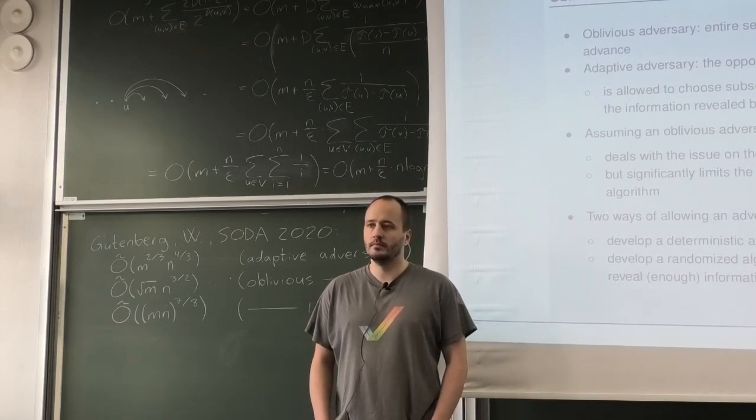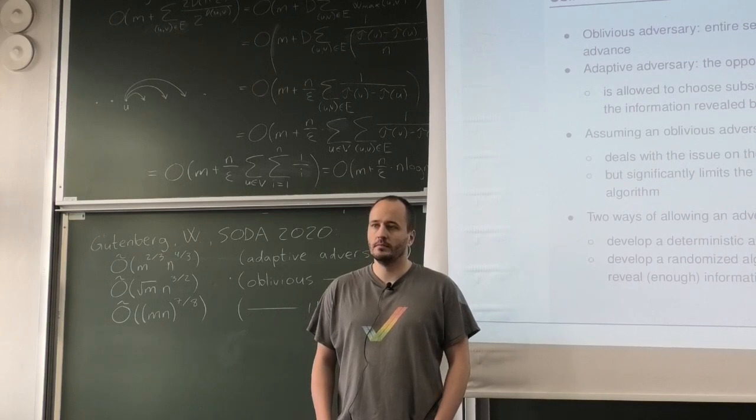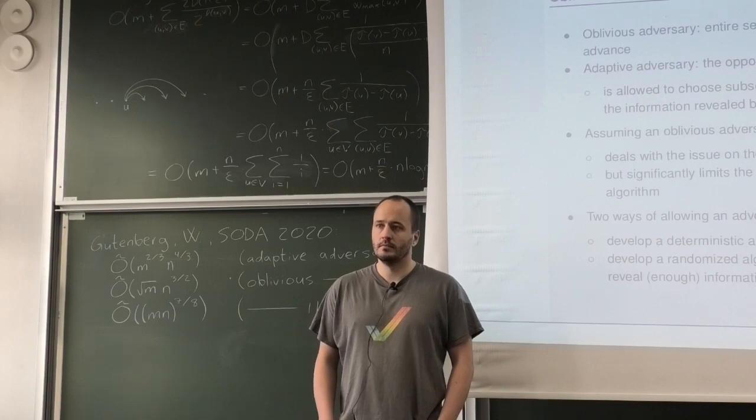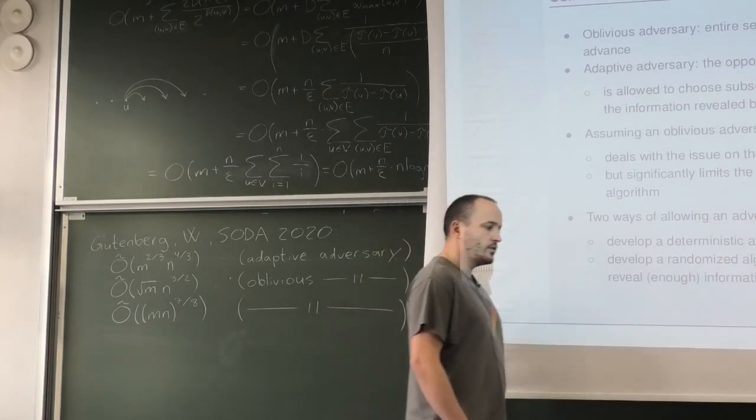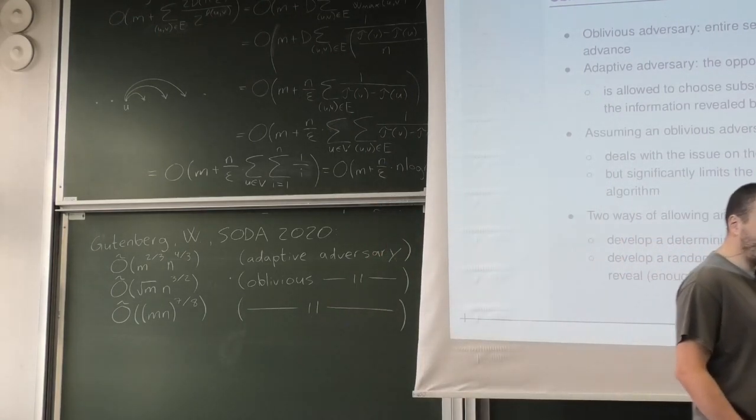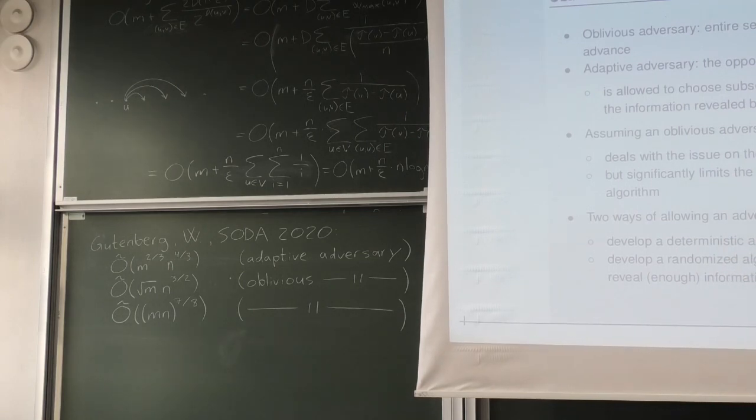And for connectivity, there was a problem with this adversary. So why? So you're asking? So that was amortized. Yes, I'm asking if yesterday's algorithm worked against adaptive adversary.